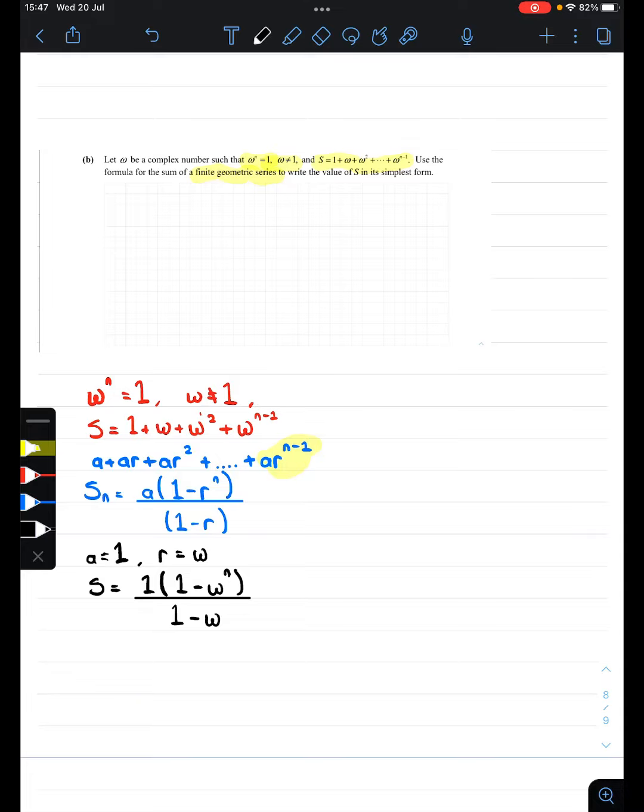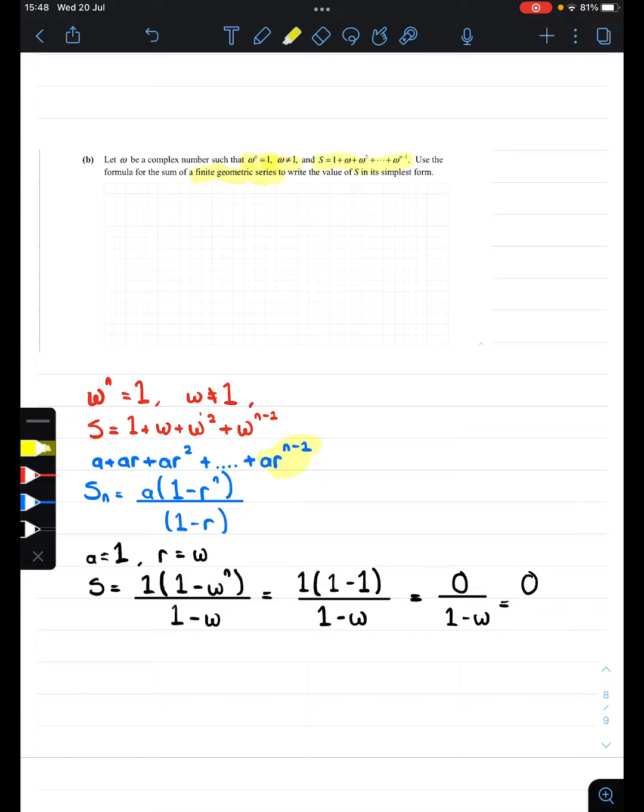And now, what do we know? Well, we know that omega to the n is 1, so we can just sub that in. So we have 1 times 1 minus 1, over 1 minus omega. So this is 0 over 1 minus omega. So, of course, that's just 0.